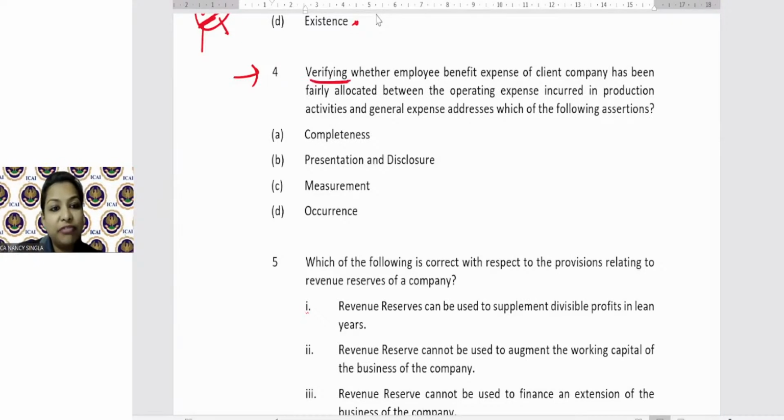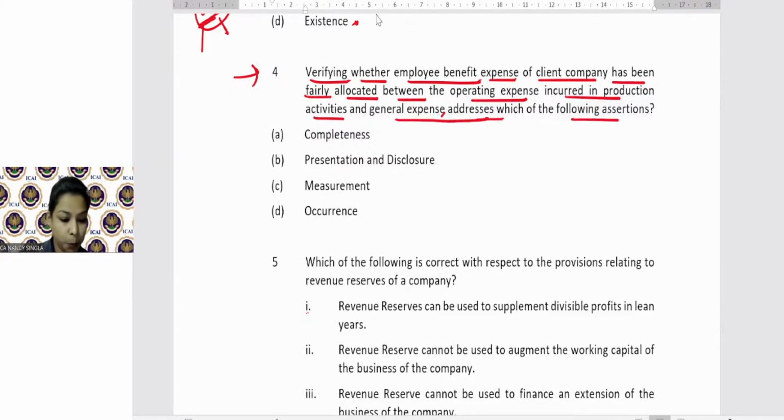See, verifying whether employee benefit expense of client company has been fairly allocated between the operating expense incurred in production activities and general expense. This addresses which of the following assertions? So I'm waiting for your replies. This is with respect to the income statement.